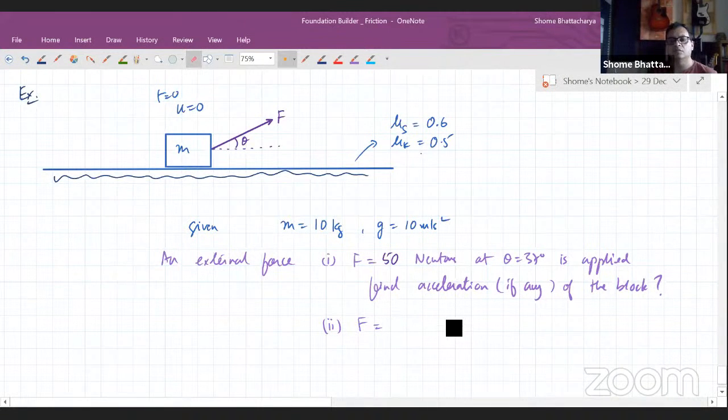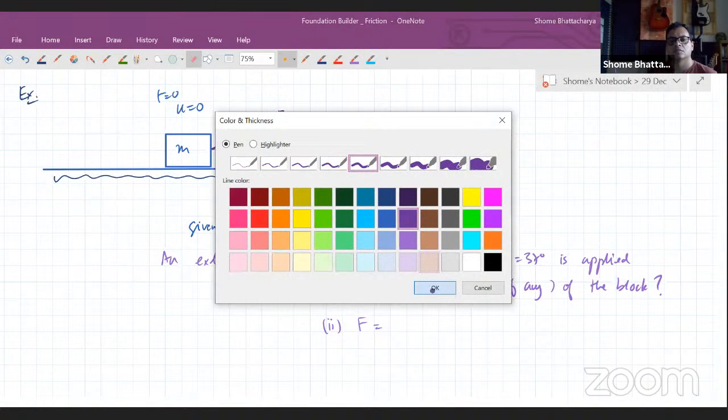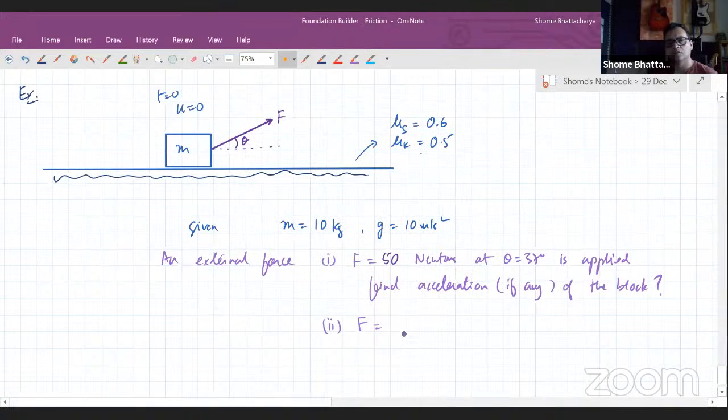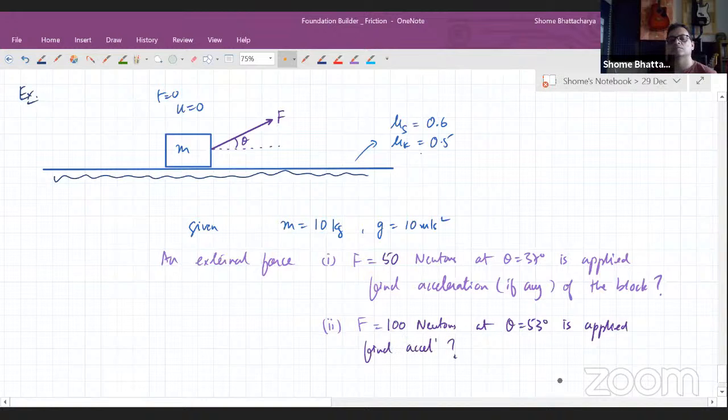Second part, we increase the force to 100 newtons at theta equal to 53 degrees instead. So again, find the acceleration for the block, if any. Okay, so try this question out.